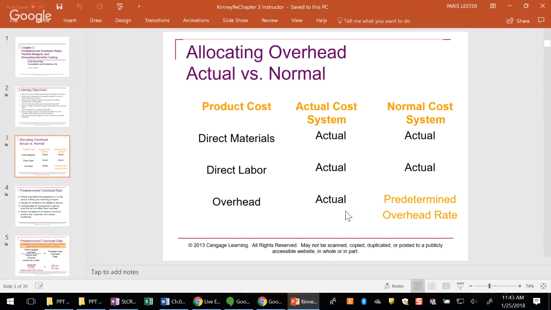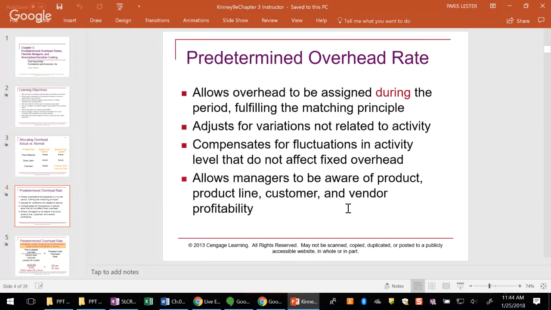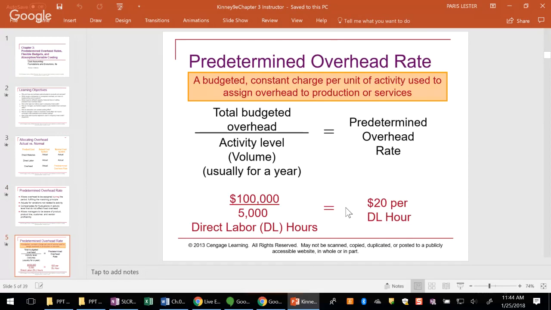The actual cost system, you use actual materials and actual overhead. In a normal cost system, we have to use a predetermined overhead rate to do our bids and so forth. All right, Giorgio mentioned this the other day.